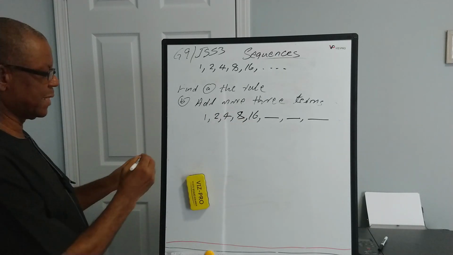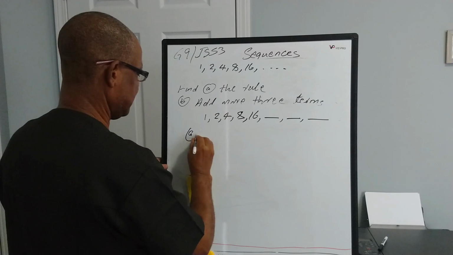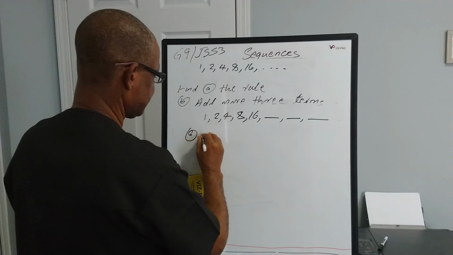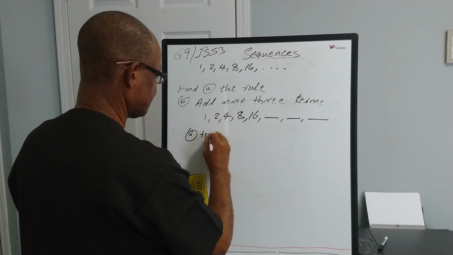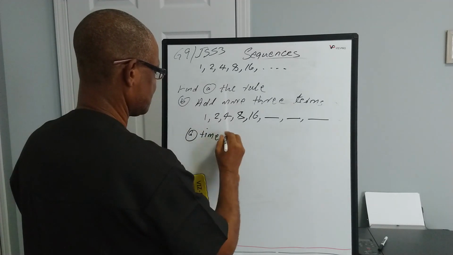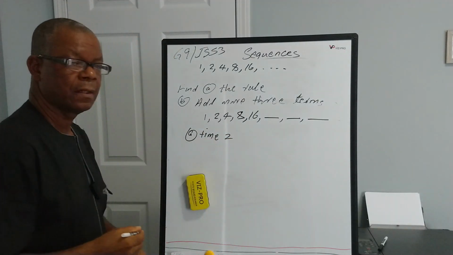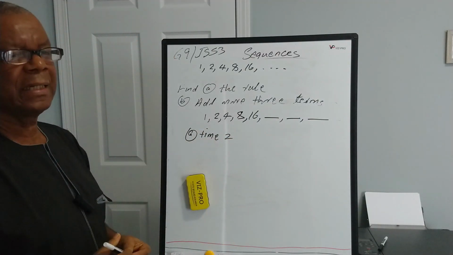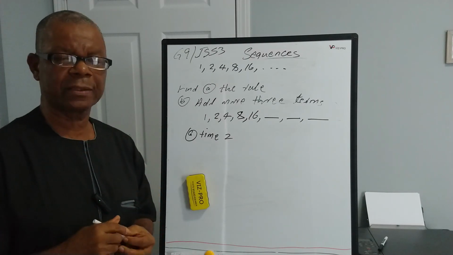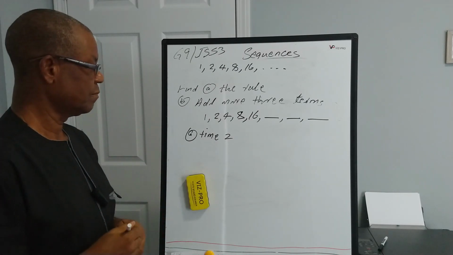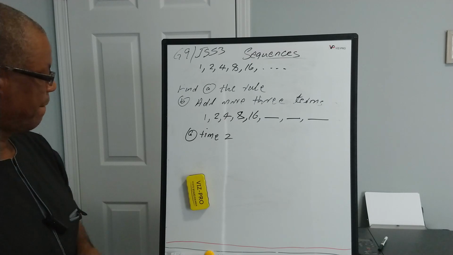We quickly say that the rule is multiply a term by 2 to give you the next one, times 2. That is the rule here.